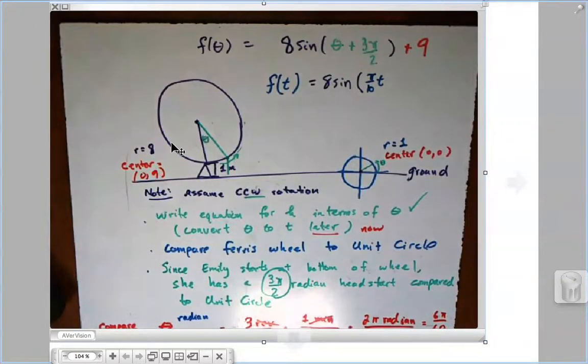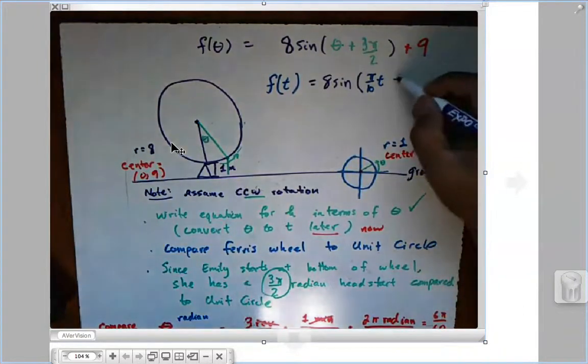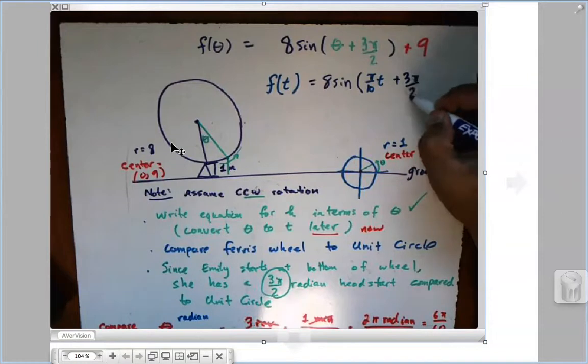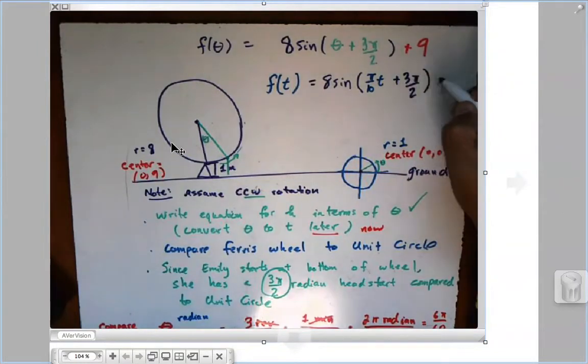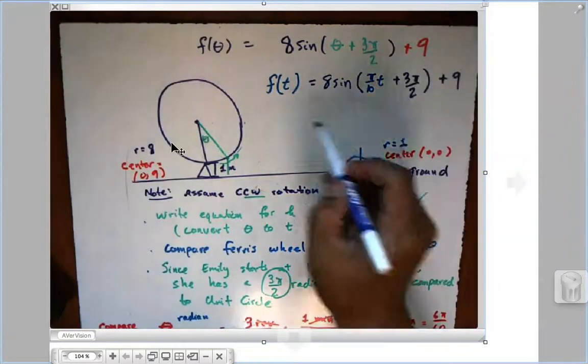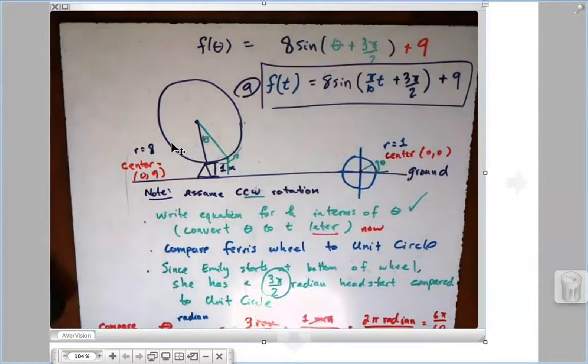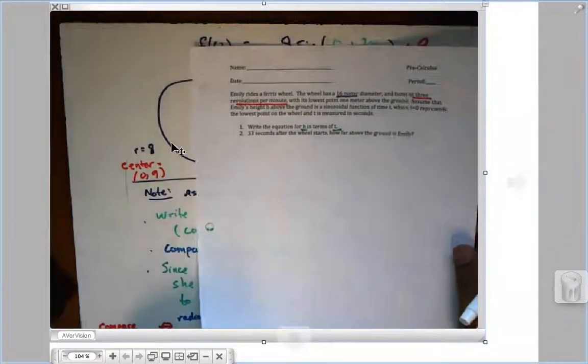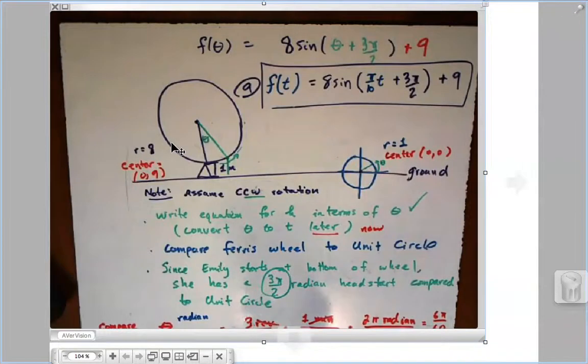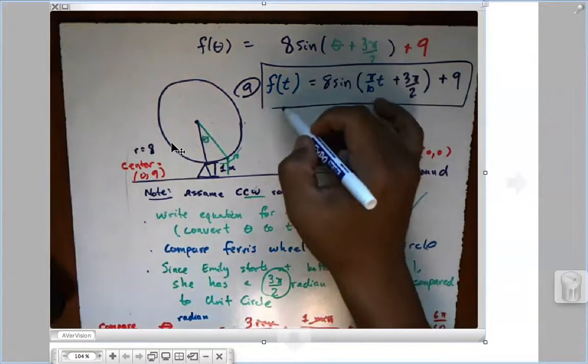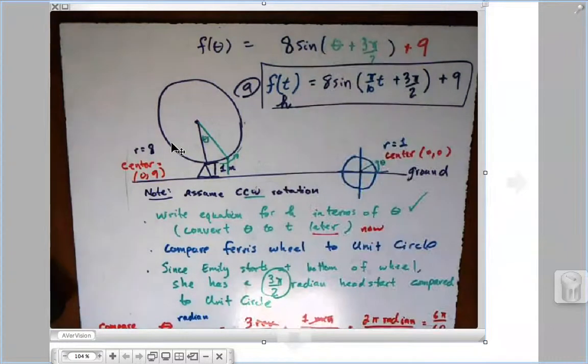So f of t equals 8 sine of pi over 10 t plus 3 pi over 2, and then the whole thing with 9 added onto it. And this effectively answers part A. Write an equation for h in terms of t. Well, we can just say that f of t equals h. H is equal to all of that.